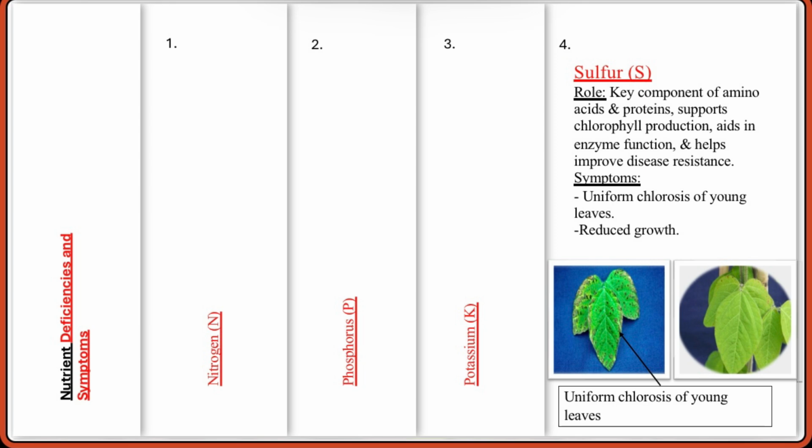Symptoms of sulfur: the uniform yellowish green color of young and upper leaves, and necrosis or death of plant tissue that occurs as spots in the leaf blade and margin, as you can see in the picture that is presented.